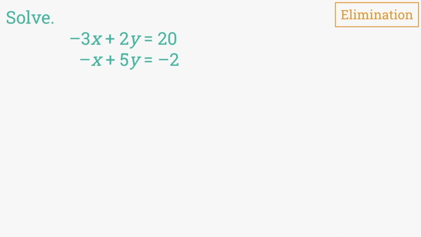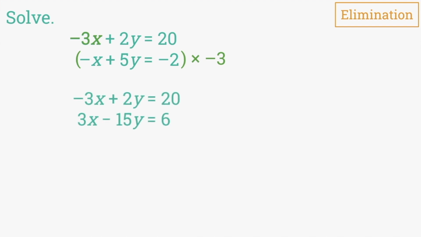If we multiply the second equation by negative 3, the x's in our two equations will have opposite coefficients, so when we add the equations together, the x's will be eliminated.